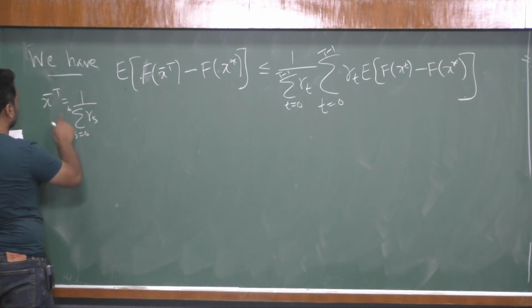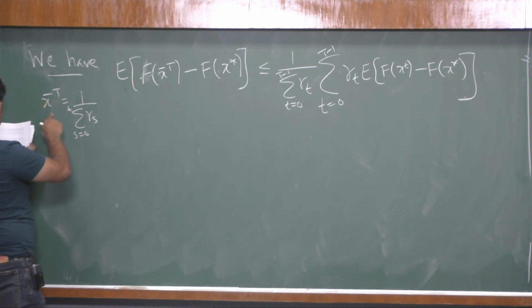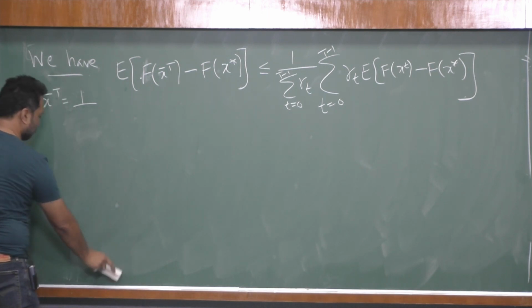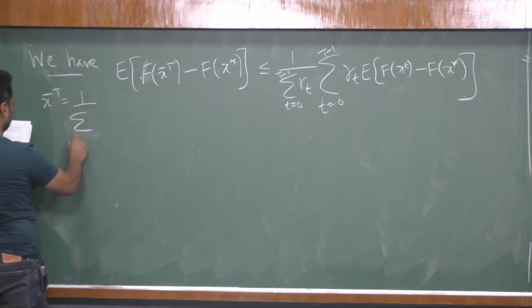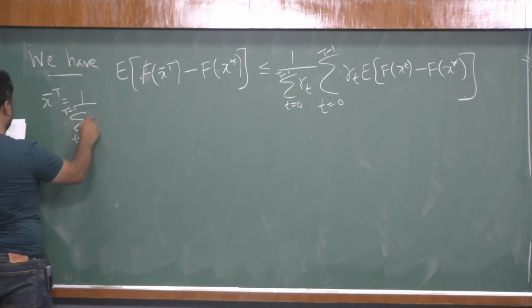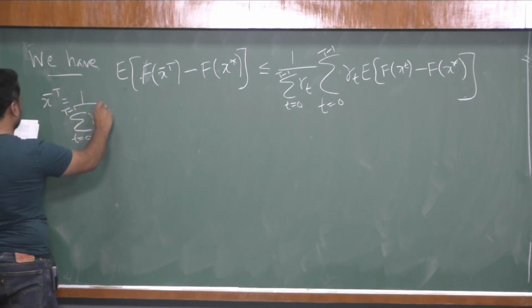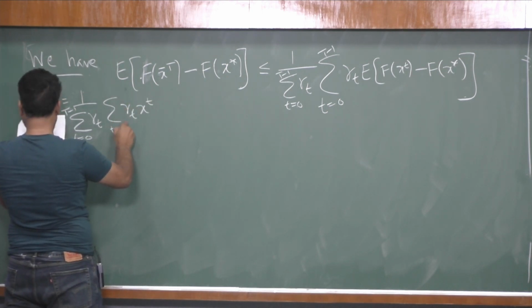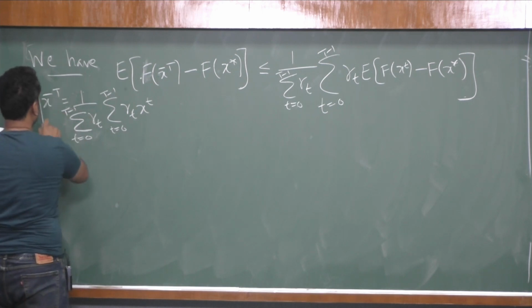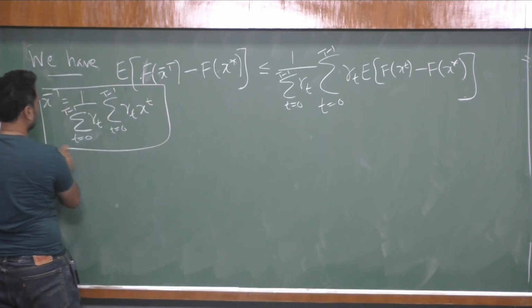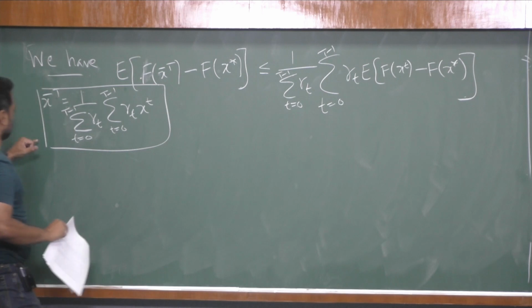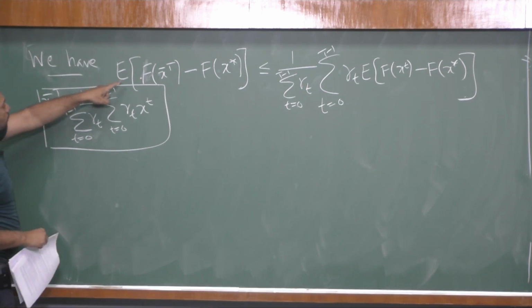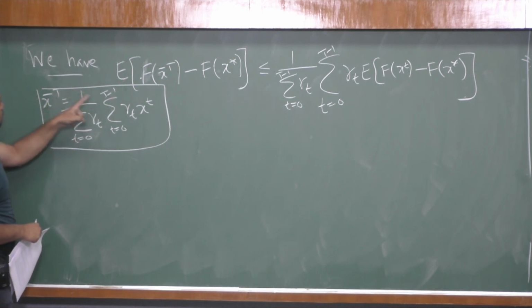Since capital T is used here, I can use small t now: t equals 0 to T minus 1, gamma_t, and then the sum of gamma_t x_t, t equals 0 to T minus 1. So this is how the average was defined. Basically, we applied Jensen's inequality with these assumptions.